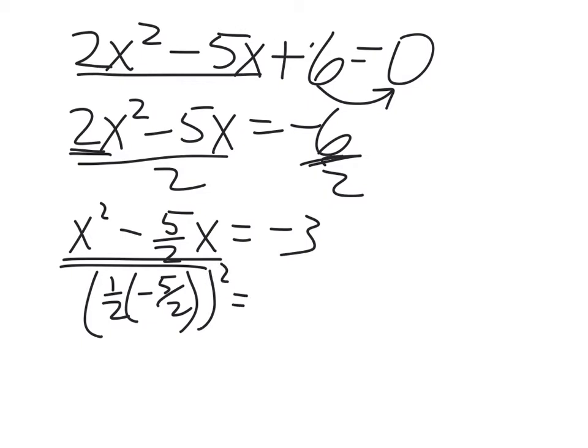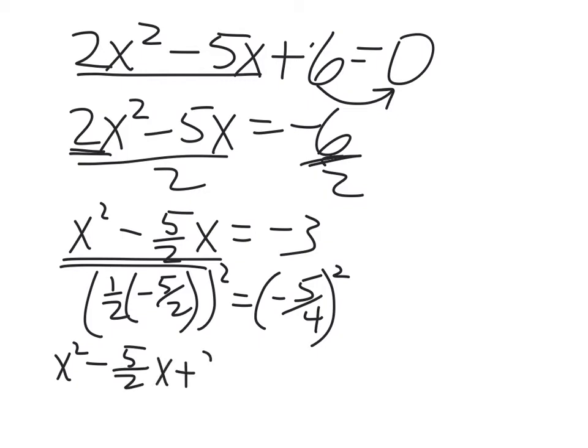Now this step a lot of times we just do in our head, but I'm going to write it down here to show you what result this will give us. -5/4, and then we square that, which would give us what? 25/16. So we're going to add 25/16 to both sides of this equation.